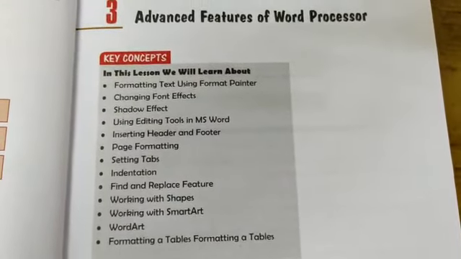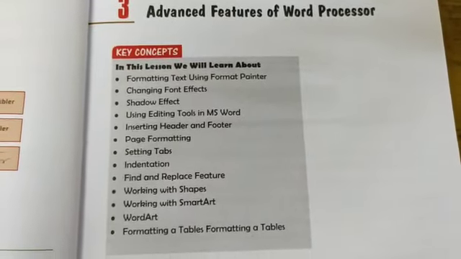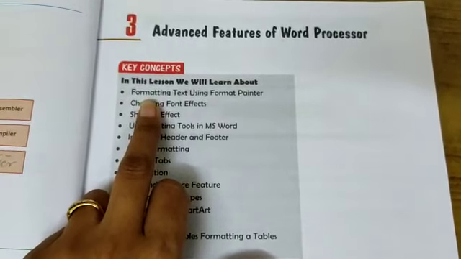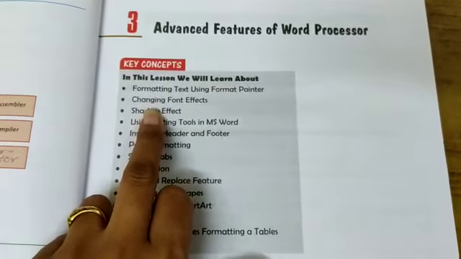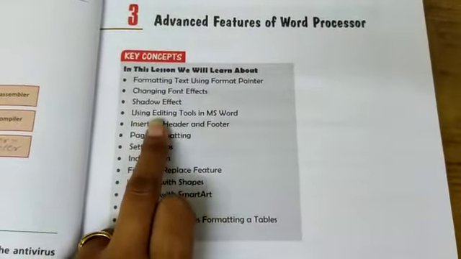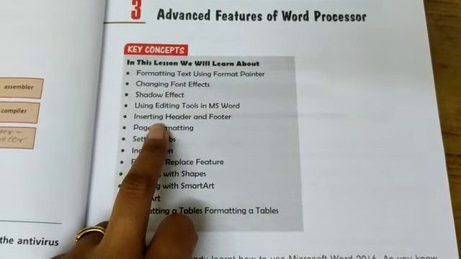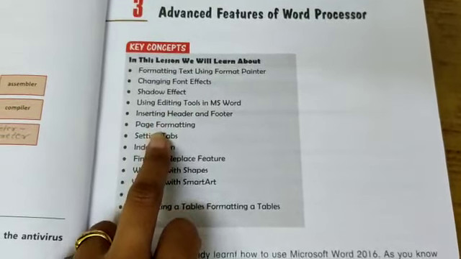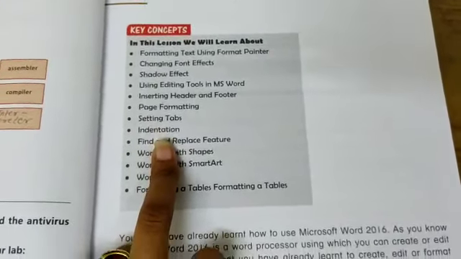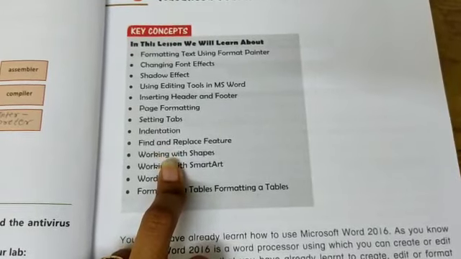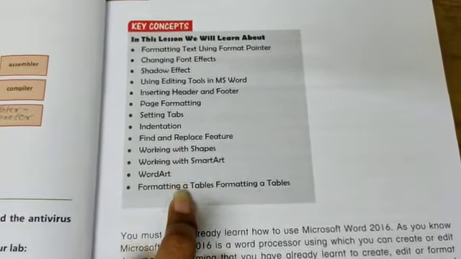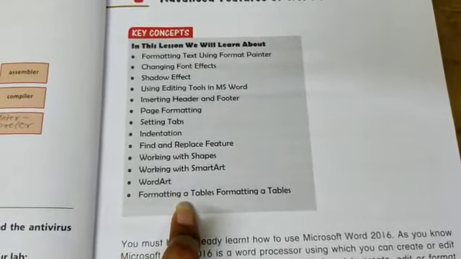In this chapter, the key concepts we will be learning are formatting text using Format Painter, changing font effects, shadow effects, using editing tools in MS Word, inserting header and footer, page formatting, setting tabs, indentation, find and replace features, working with shapes, working with smart art, word art, and formatting a table.